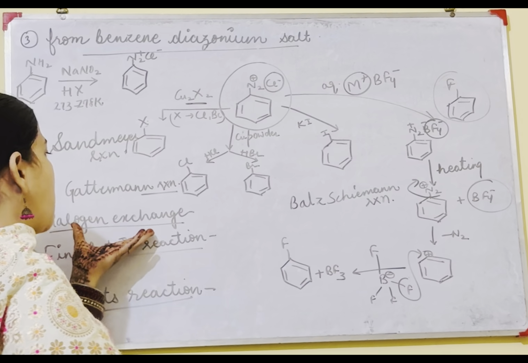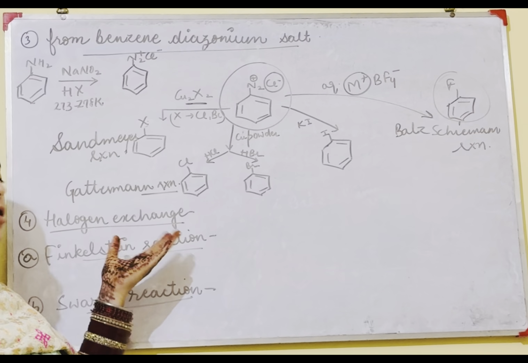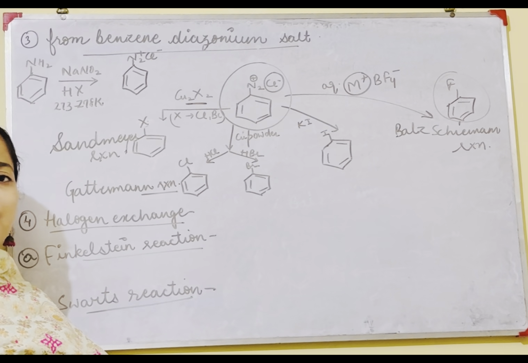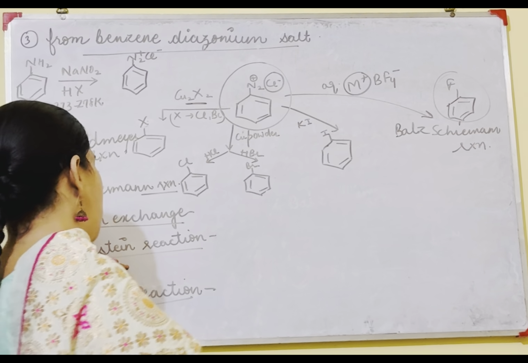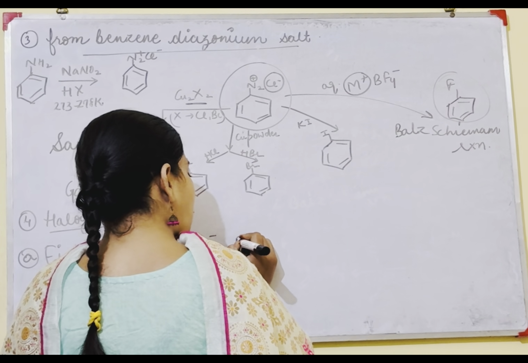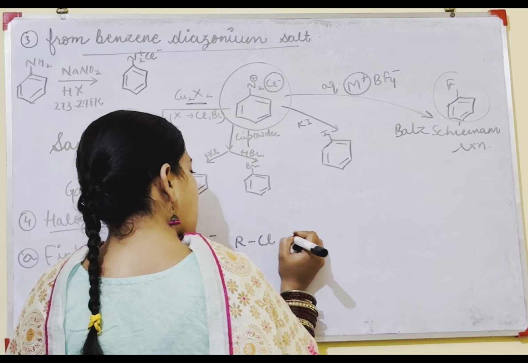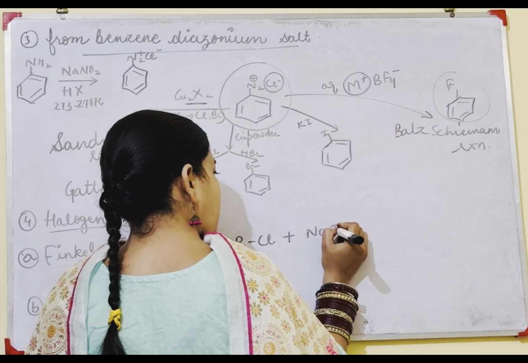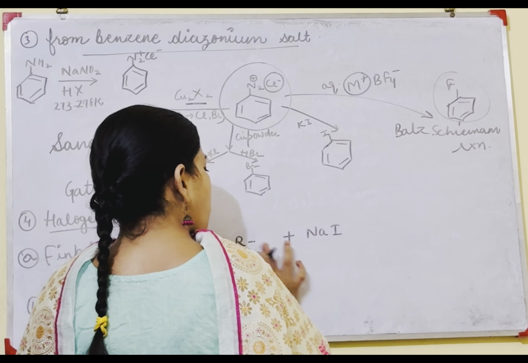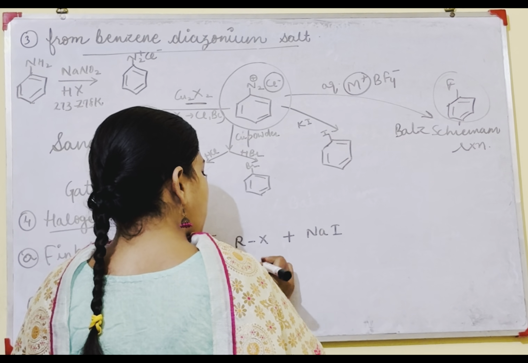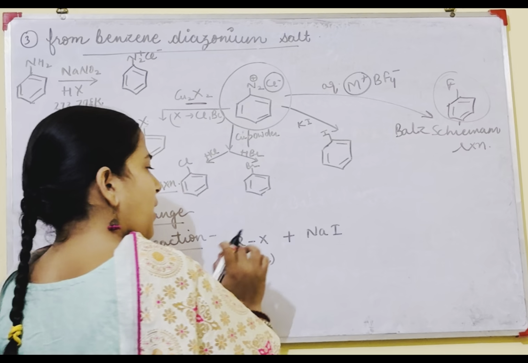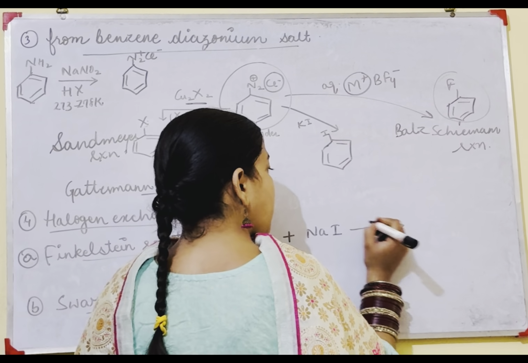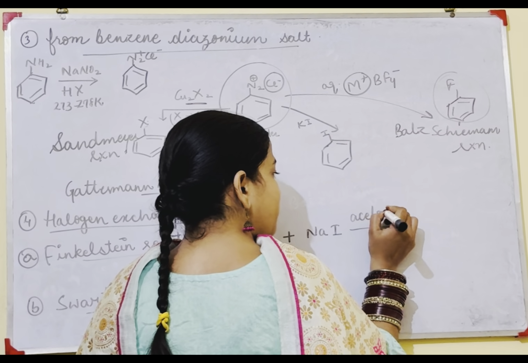Now, next we come to halogen exchange. It involves two reactions, Finkelstein reaction and Swarts reaction. In the Finkelstein reaction, what will happen? RX plus NaI. Here you can take X, it may be chlorine or bromine. So we will take X. NaI in the presence of acetone.